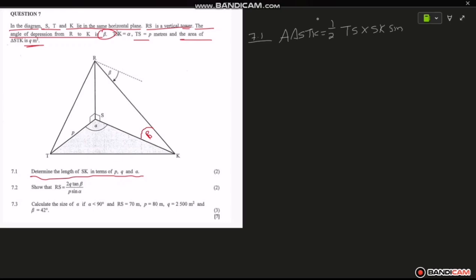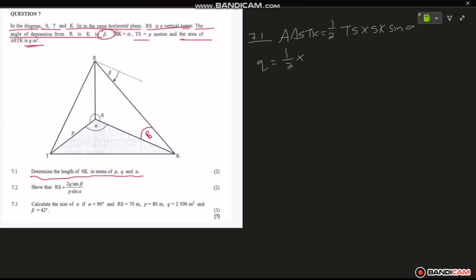We cannot say angle S, because it is not the entire angle S, but it's just A. Let me just put A there. I hope you understand why we're using the area formula. It's because we have two sides and the included angle. The two sides that we have include the one that they wanted us to determine, plus we do have the area.